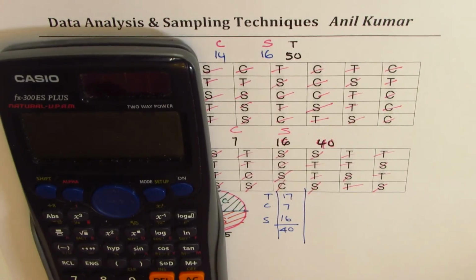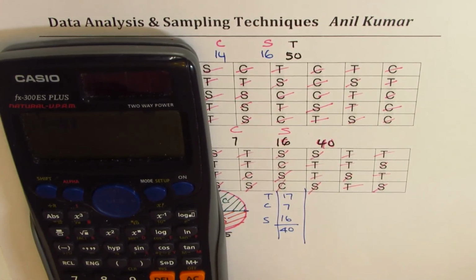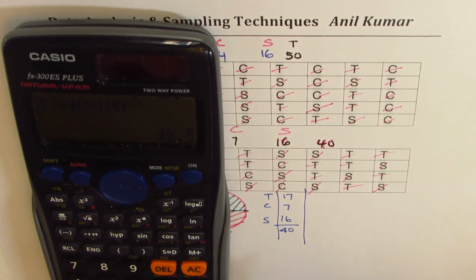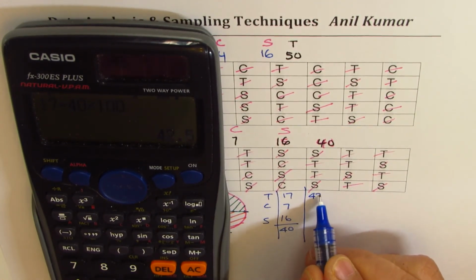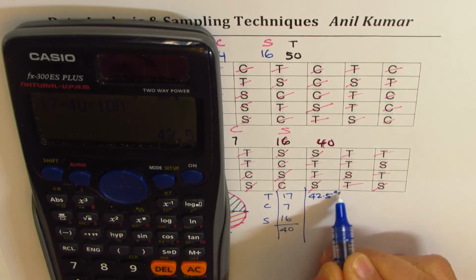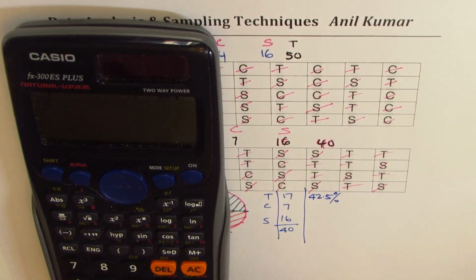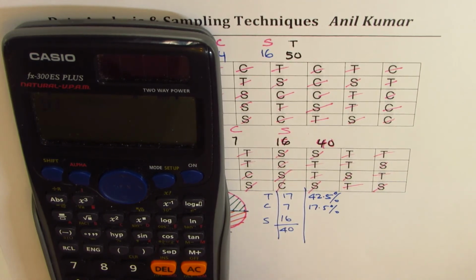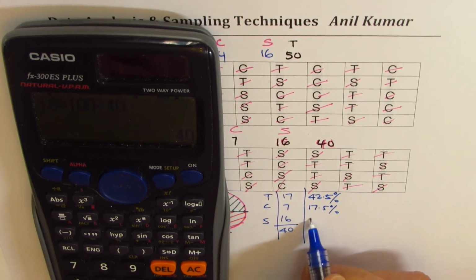So it is 17 divided by 40 times 100, in percent, 42.5%. Now 7 divided by 40 times 100 is, in percent, 17.5%, and 16 times 100 and then divided by 40 is 40%.